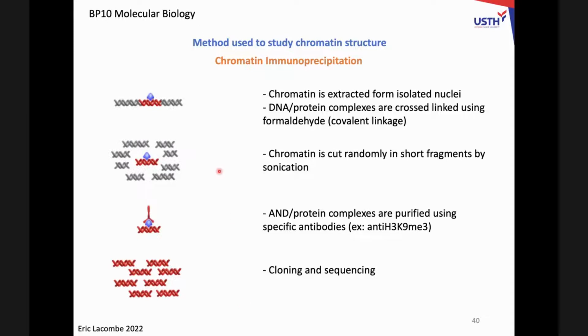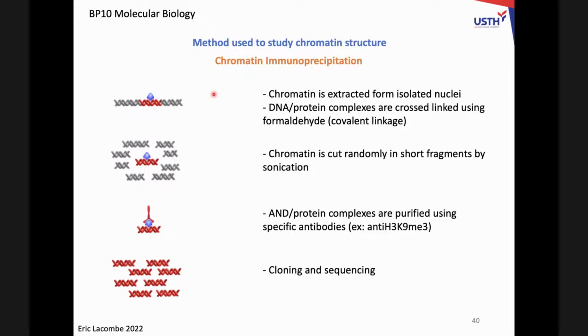Yeah, okay. So it's a classical immunoprecipitation, but the targets are specifically modified histone profiles. This is a very old strategy. It works very well, but it's not high throughput.